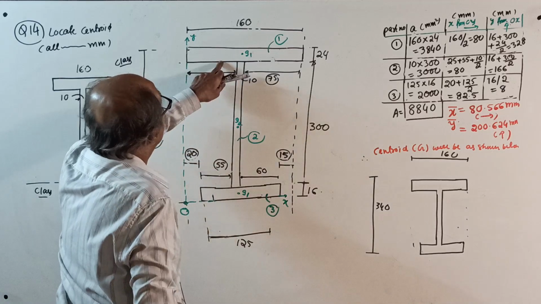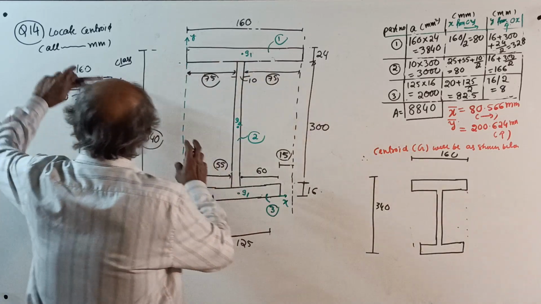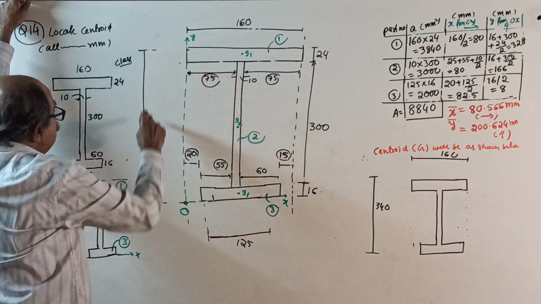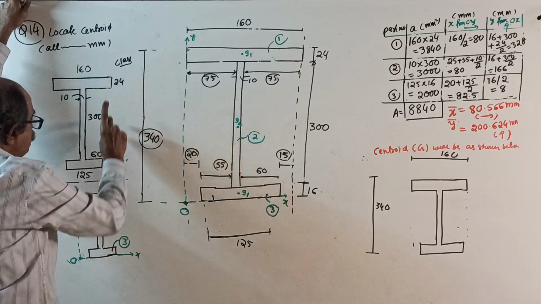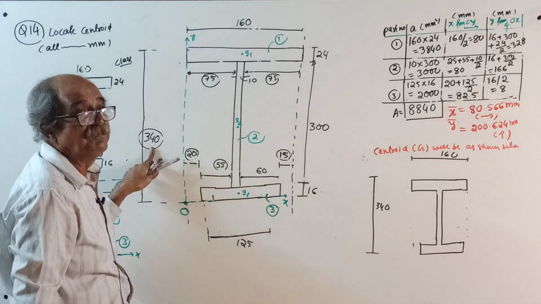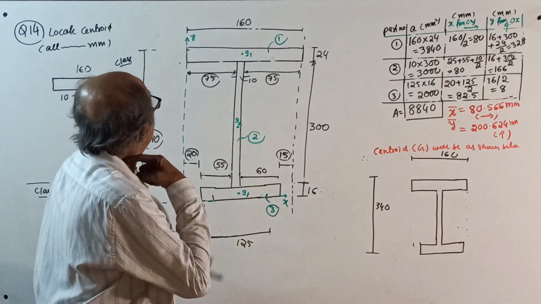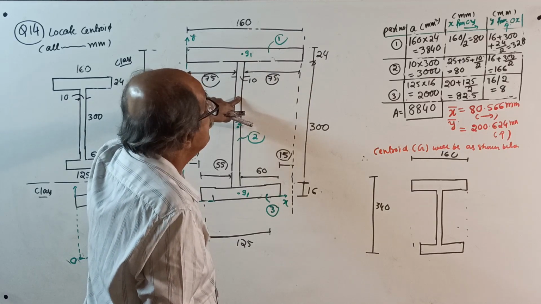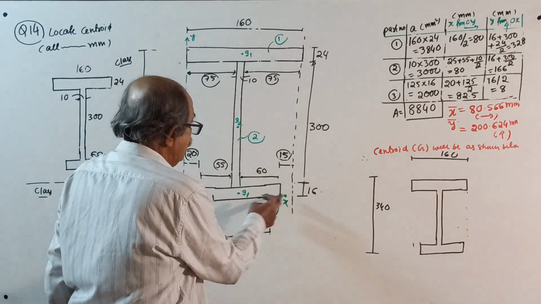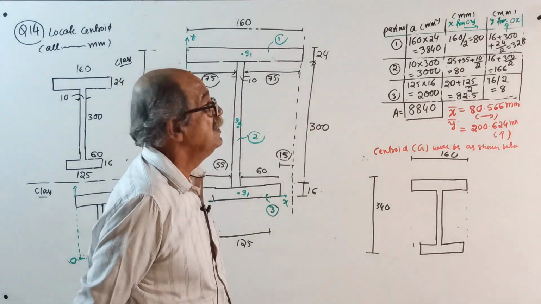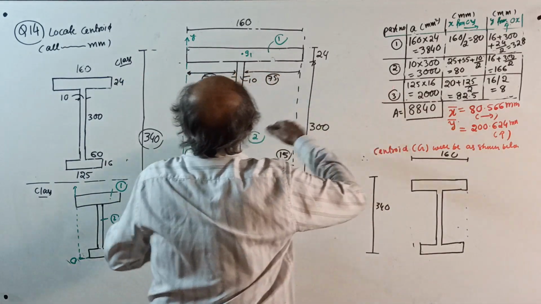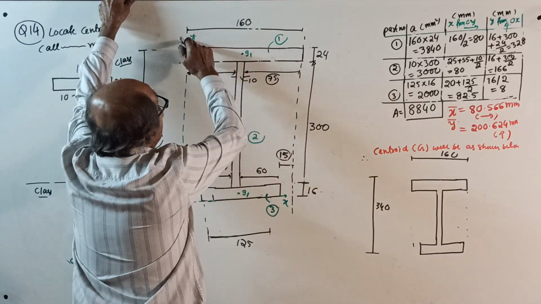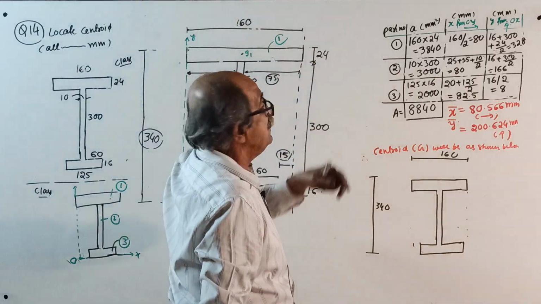Start. A1, 160. One more thing. This time, the depth of the web is 300. So the overall depth is 300 plus 24 plus 16, which is 340. Be careful. Now A1, 160 by 24. A2, 10 by 300. A3, 125 by 16. Very crystal clear. Total area will come. X1, the centroid is directly from here to here, 160 by 2 equal to 80.